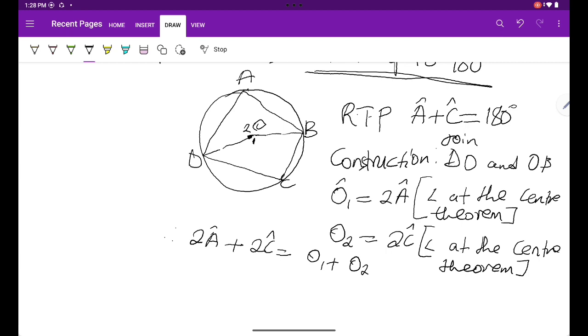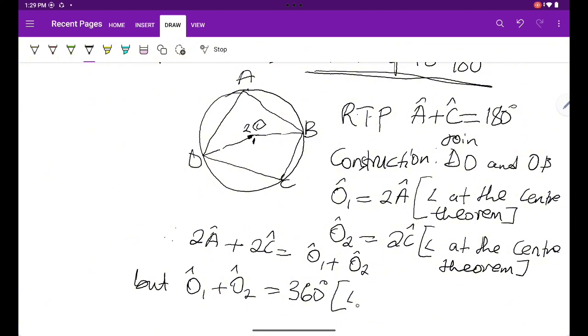What we do on the left, we also do on the right. But we actually know the size of O1 plus O2. You see these are angles around a point. So we know that when we add them, they give us 360 degrees.